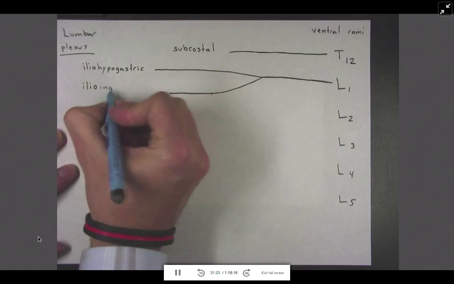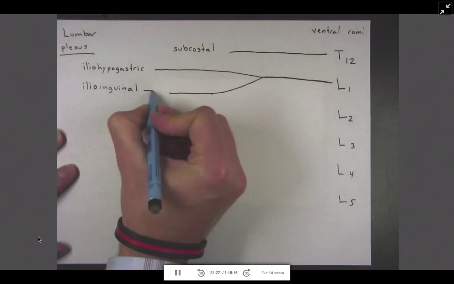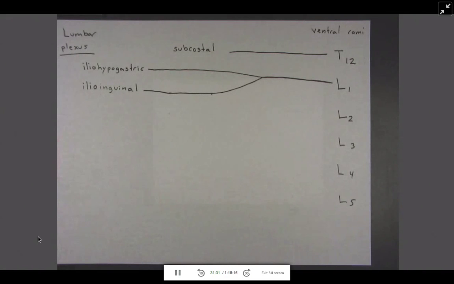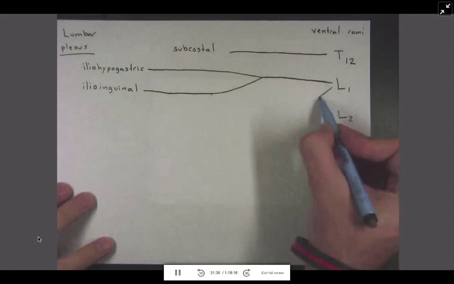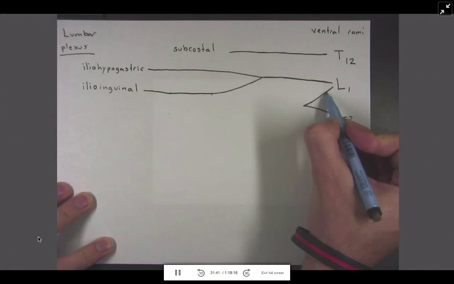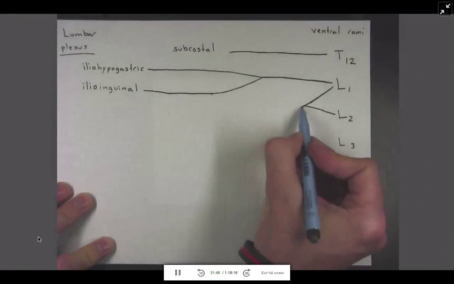They're both arising from L1. Contribution from L1 and L2 come together to form the genitofemoral nerve.